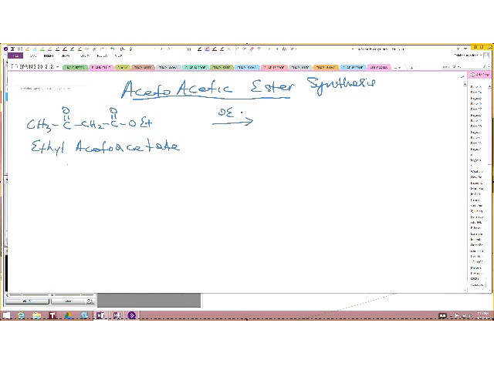We start with, once again, ethoxide as a base because the ester here is an ethyl ester. If you have a methyl ester, then you use methoxide as a base. So step 1, and then step 2, we introduce your alkylating agent.